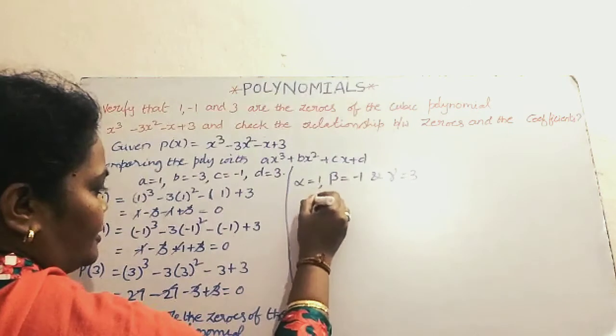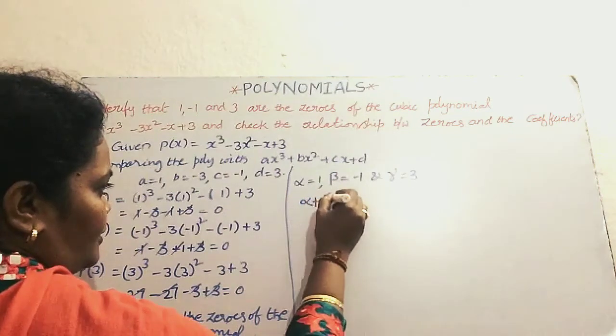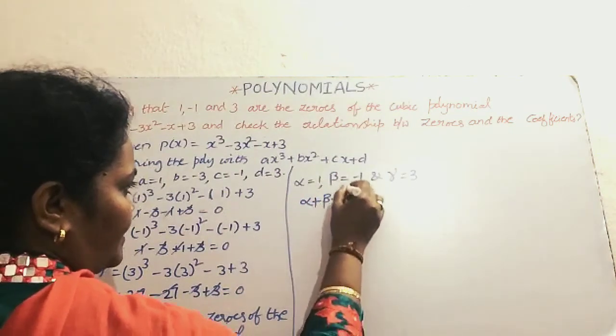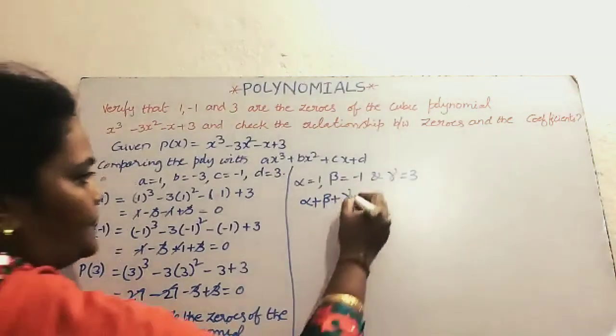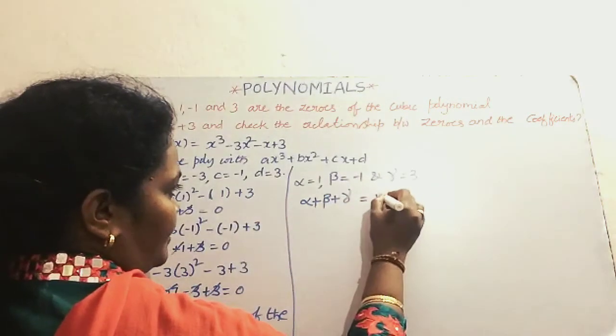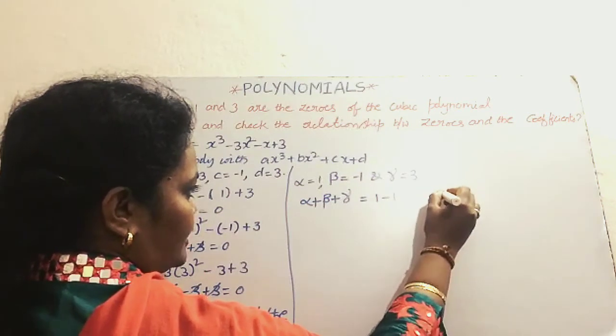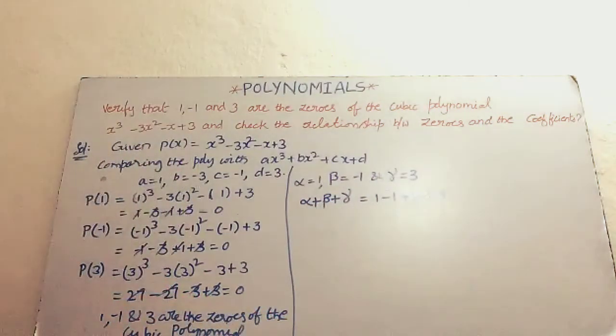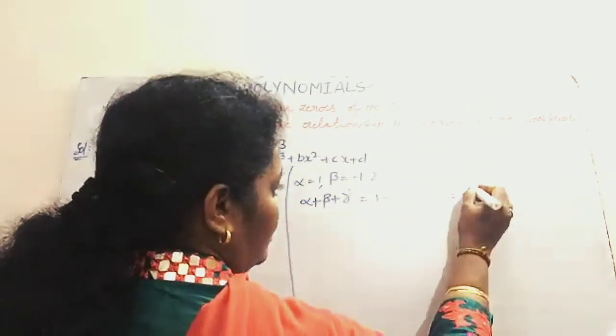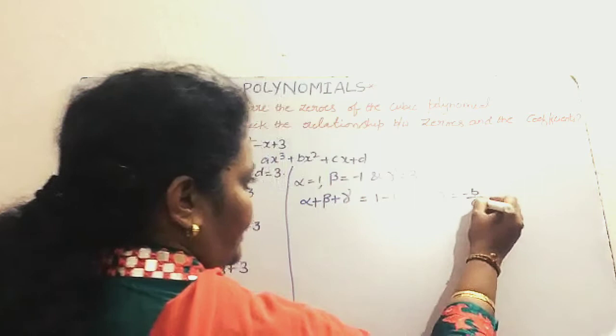So what is the sum of zeros? So alpha plus beta plus gamma. That means 1 minus 1 plus 3. That is equal to 3. So what is alpha plus beta plus gamma? Minus b by a.